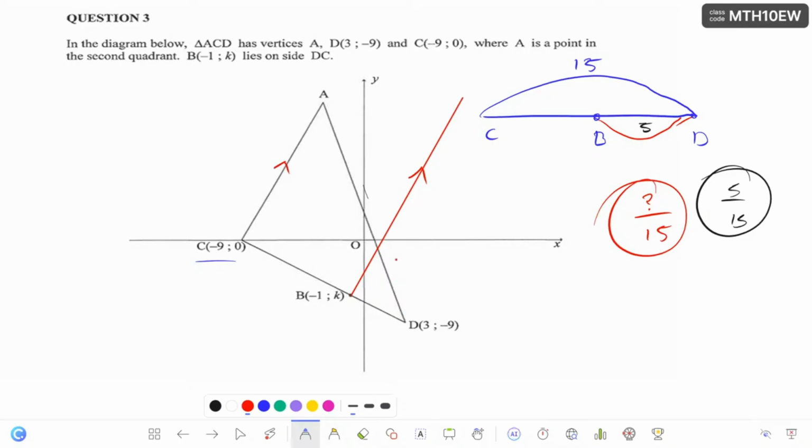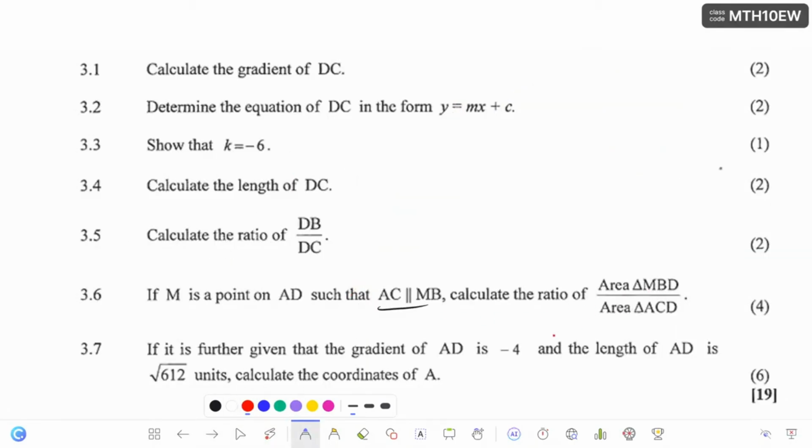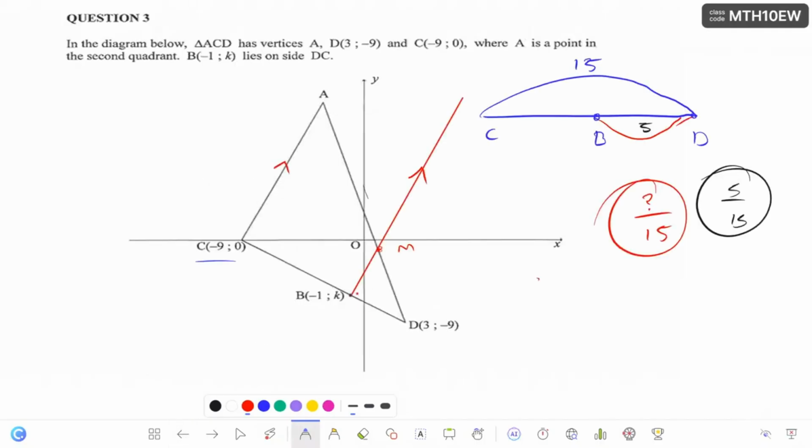So they said there is a point on AD, which is M. Here they need us to calculate the ratio of triangle MBD. Let's check.